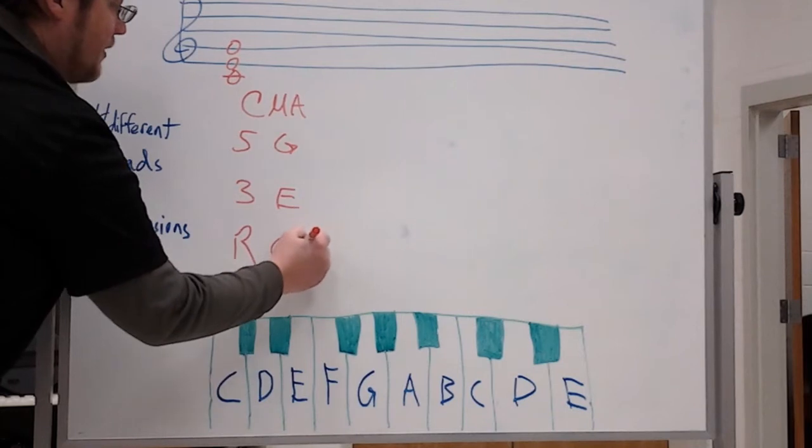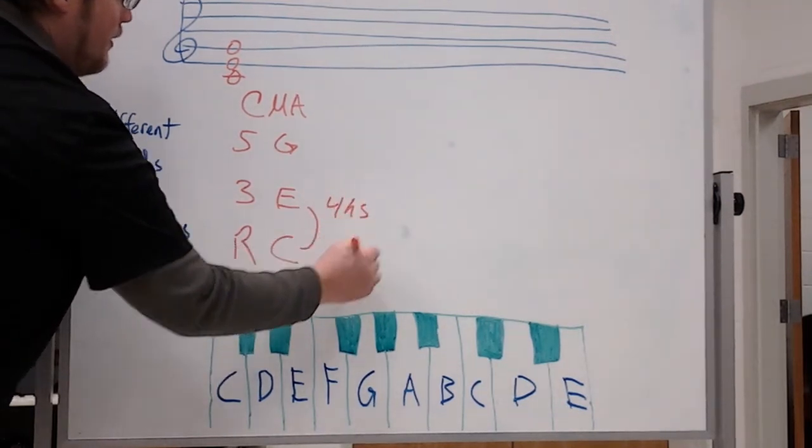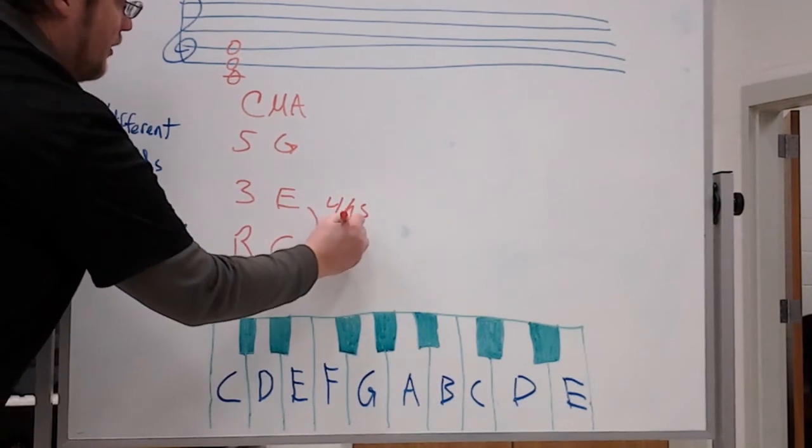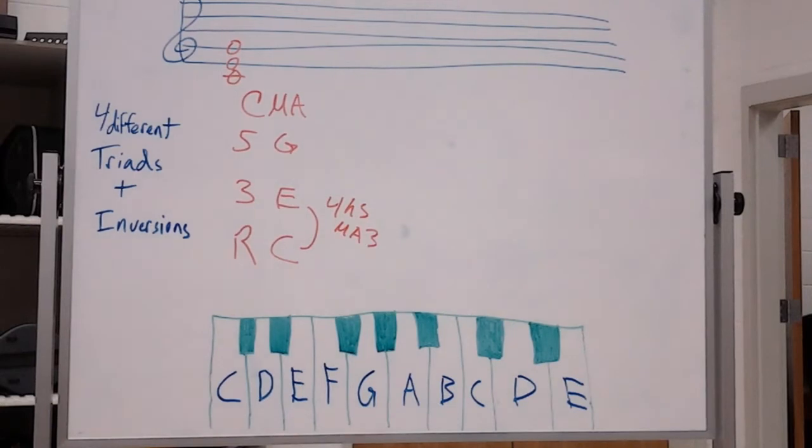So 4 half steps from C to E makes our major third. And if I play it on the piano, it gives us our major third sound.